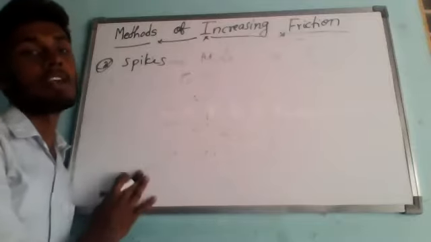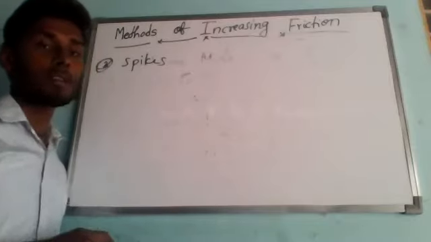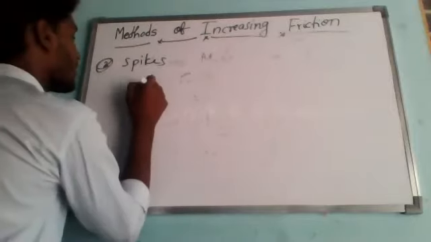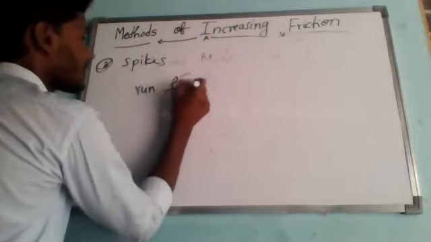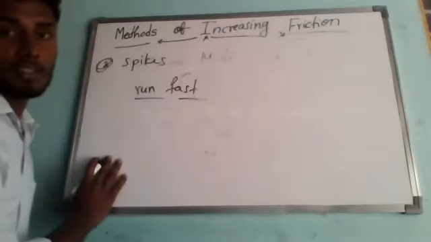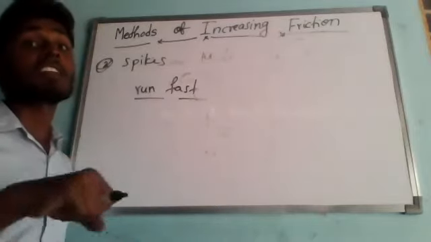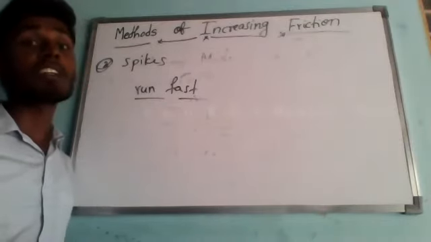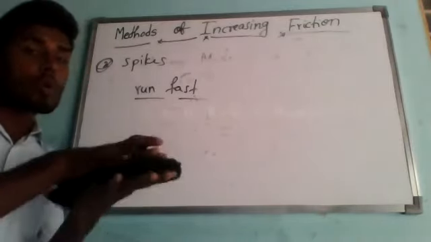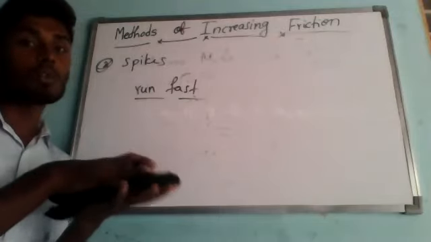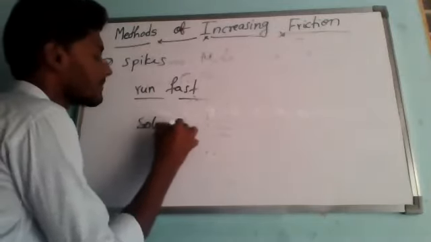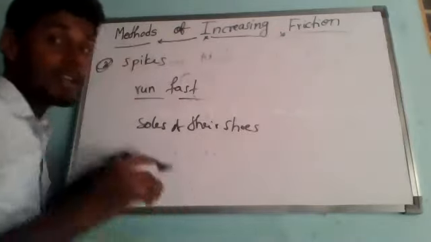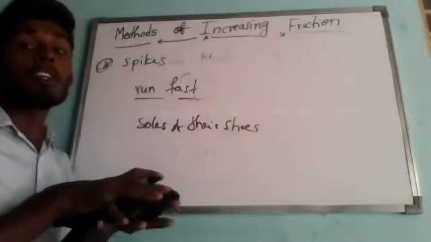Now the explanation. Players and athletes have to run very fast. Greater friction is required, because if not, they will slip and fall down. So greater friction is required between the soles of their shoes and the ground to prevent slipping.